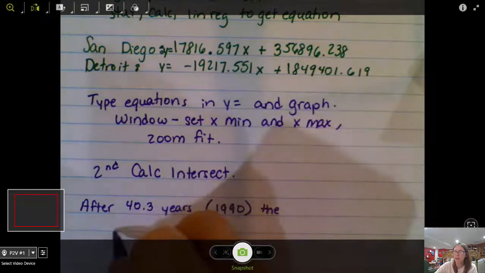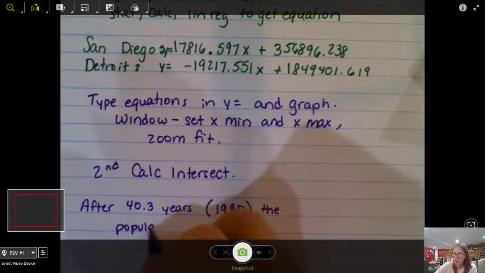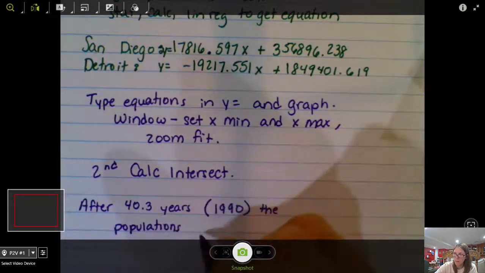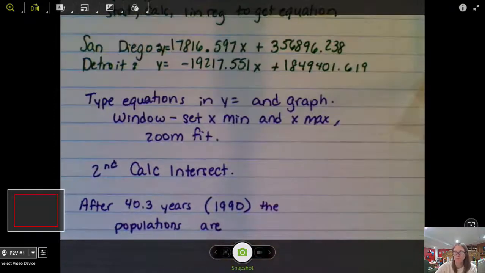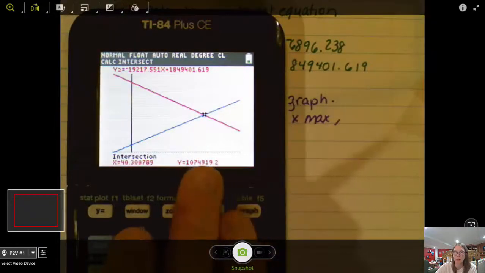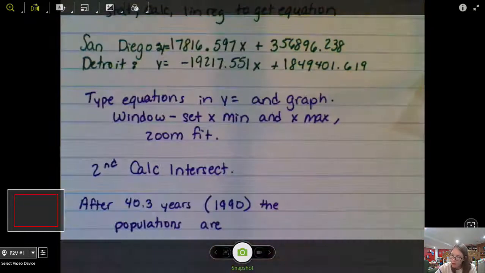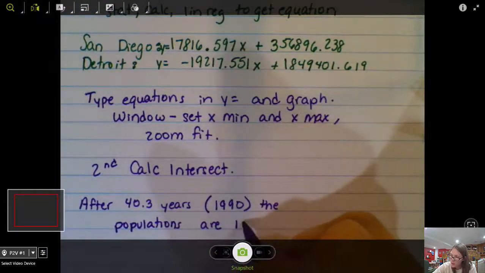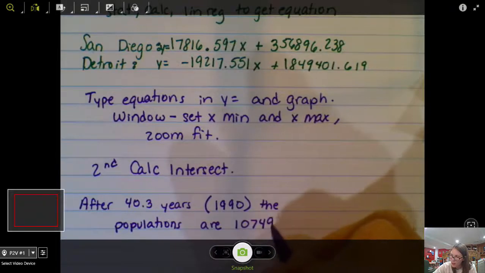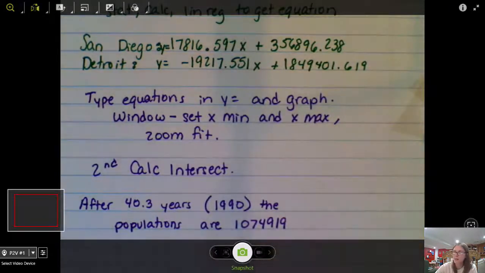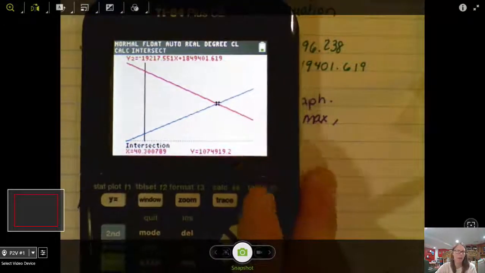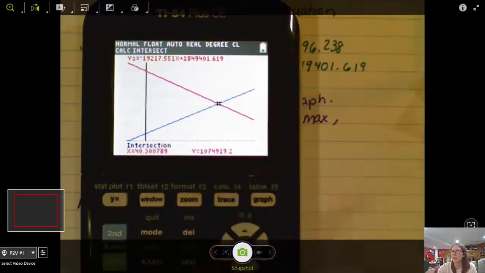Our populations are equal, and our populations would both be my y value here, so that's 1,074,919. And that 0.2 probably doesn't really matter because I don't think we have 0.2 of a person.